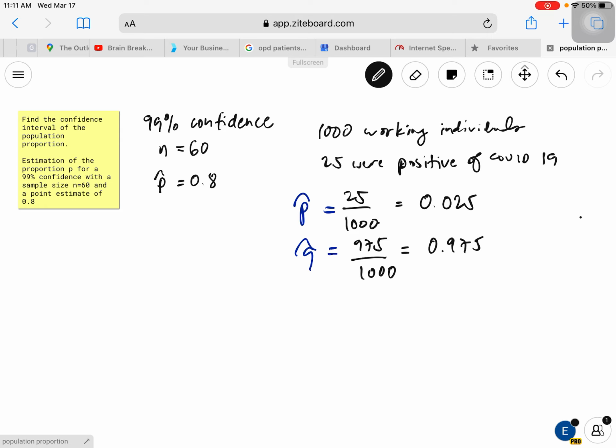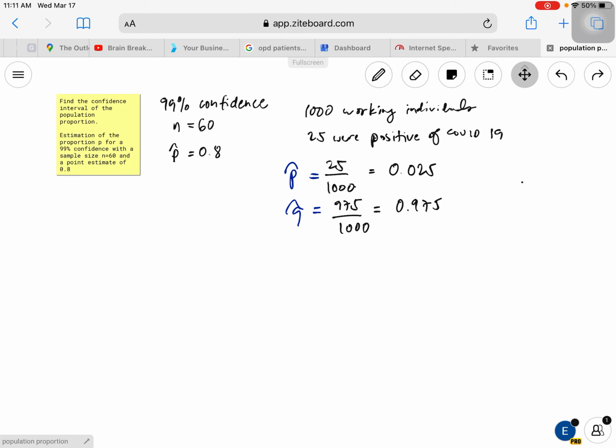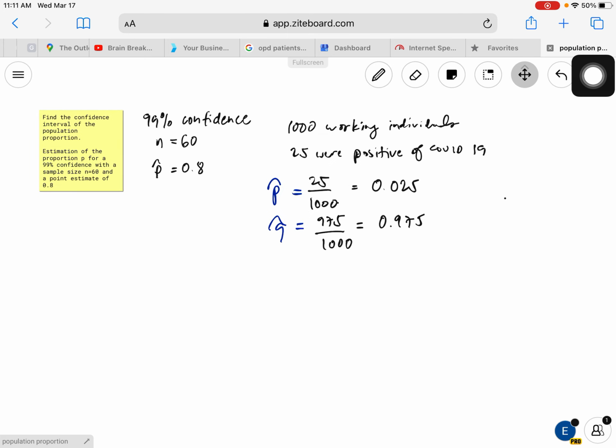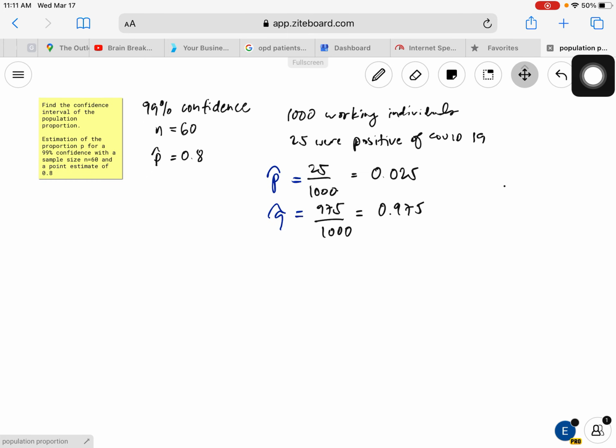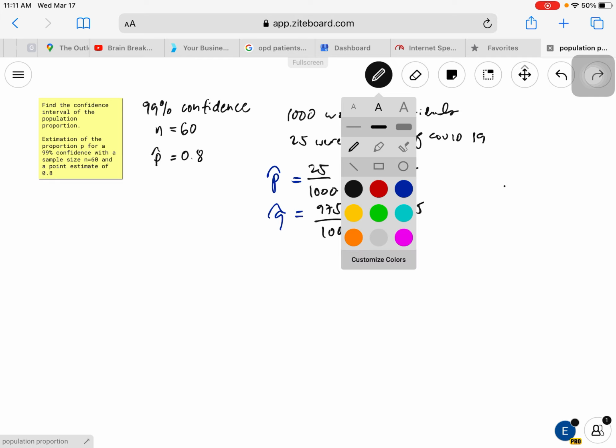Now let's proceed to what is being asked in the problem. So 99% confidence with the sample size 60 and point estimate 0.8. So here, what's going to be our q hat in this case?